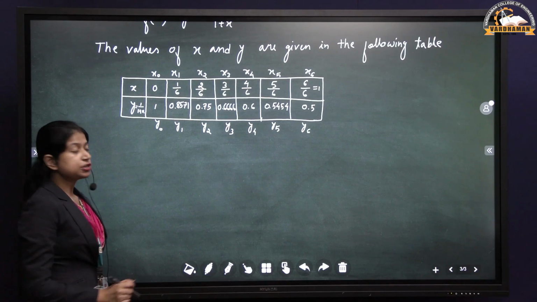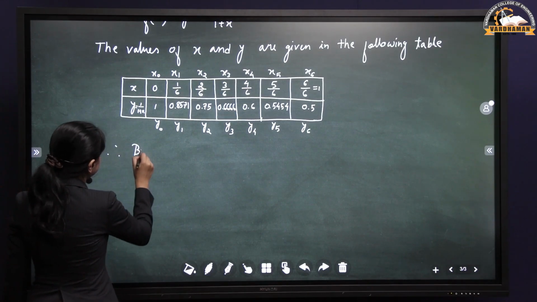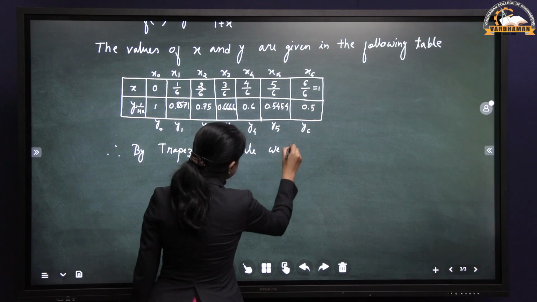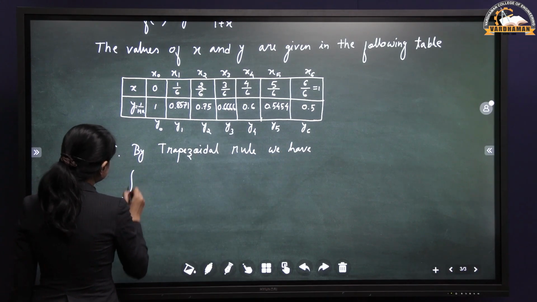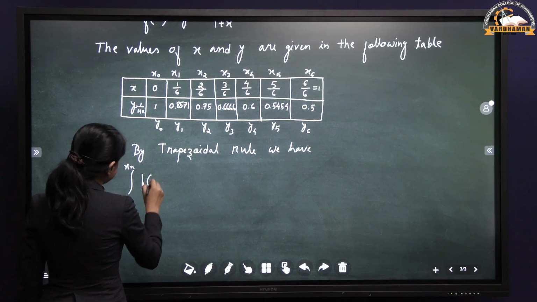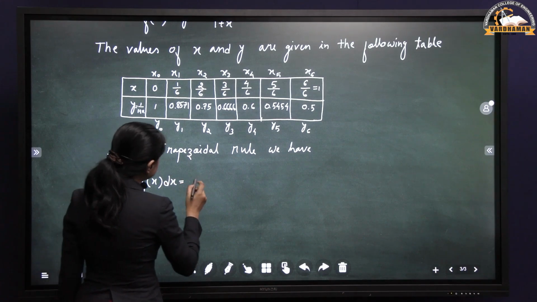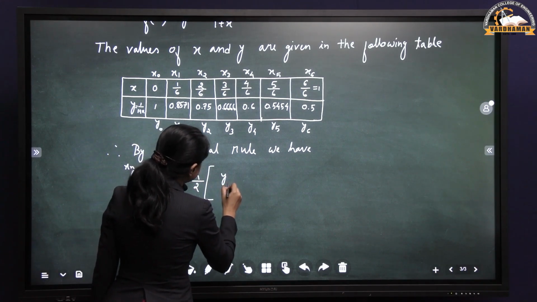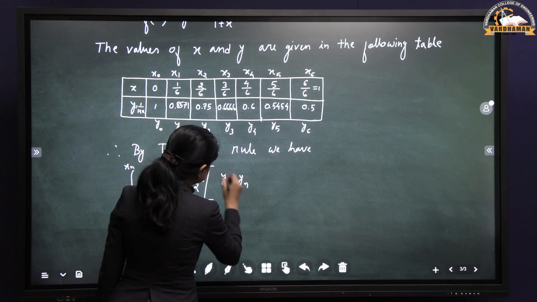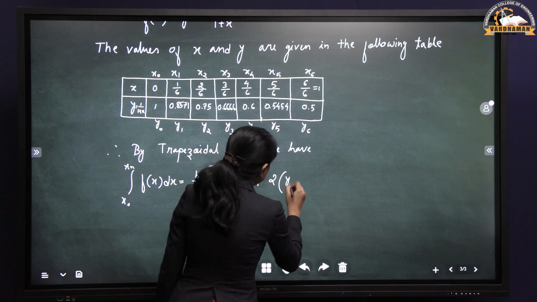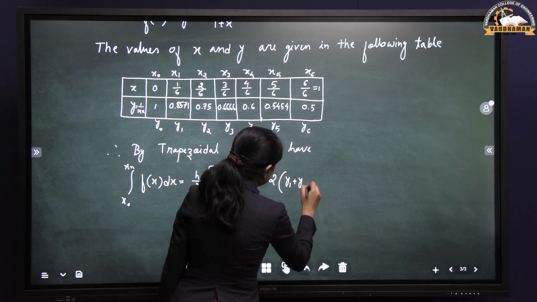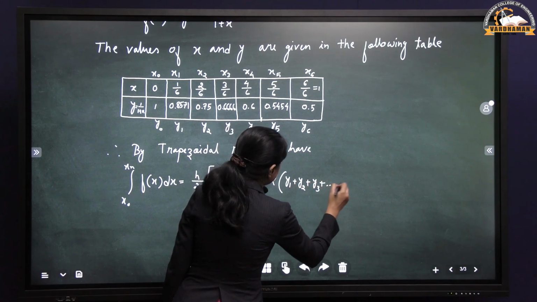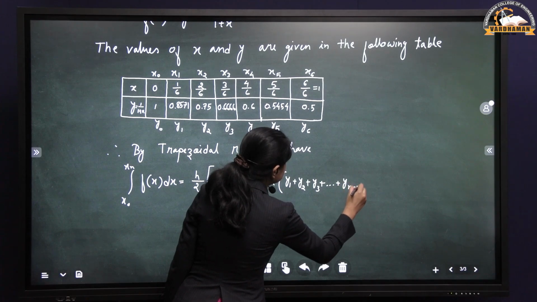Now let us use the trapezoidal rule. Therefore, by trapezoidal rule, we have integration x0 to xn f of x dx is equal to h by 2 times first term plus last term plus 2 into y1, y2, y3 plus so on yn minus 1.